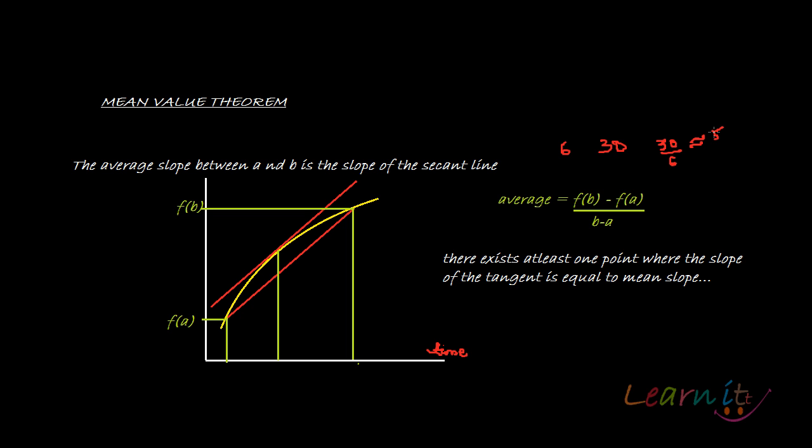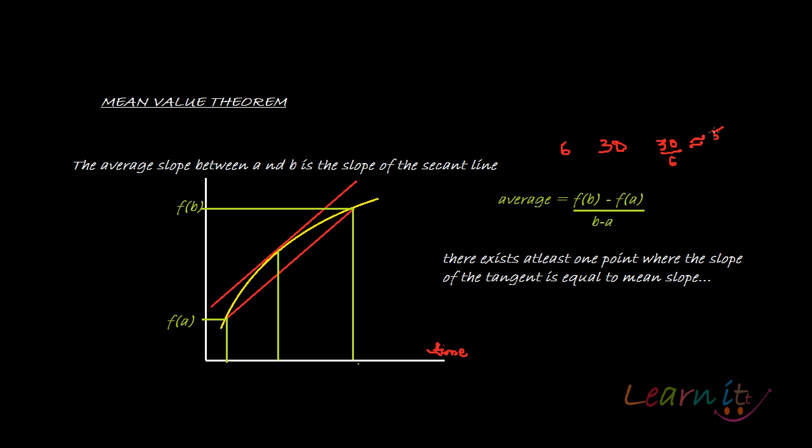So this average is essentially something that is told by the mean value theorem. Mean value theorem says that there exists at least one point where the slope of the tangent is equal to the mean slope. And what will be your mean slope?